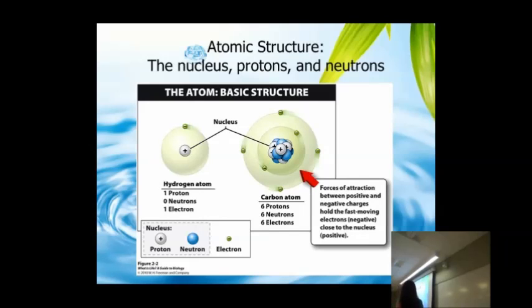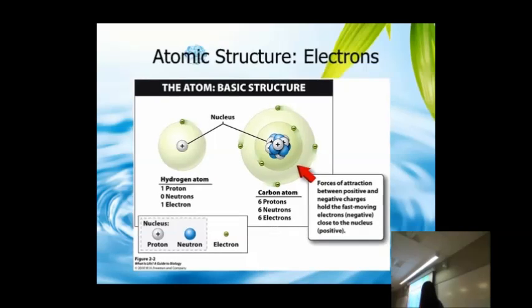The carbon atom has 6 protons, so 6 positives, 6 neutrons, so 6 neutrals, and then 6 electrons, which are in these orbitals or the shell that's all around the nucleus.